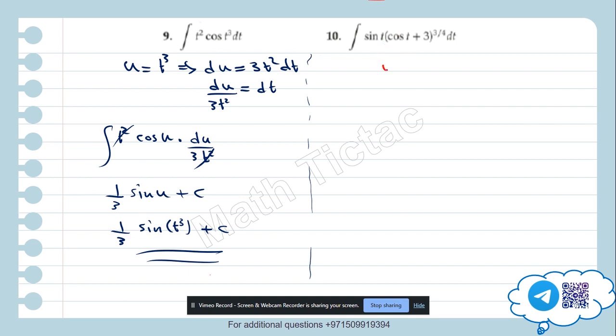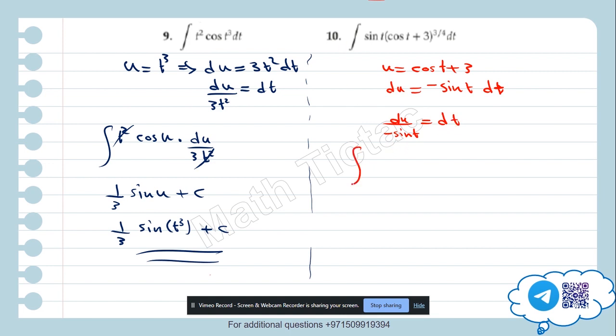So my substitution, obviously, will be u equal to cosine t plus 3, without taking the 3 over 4. So du is equal to minus sine t dt, so du over minus sine t is equal to dt.